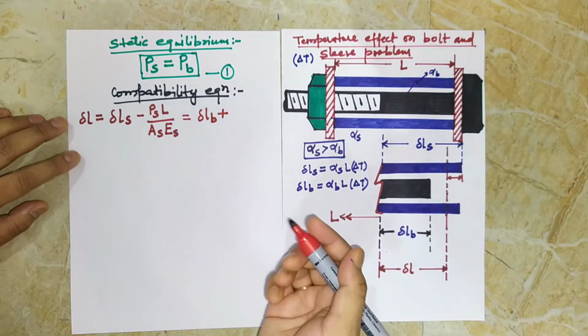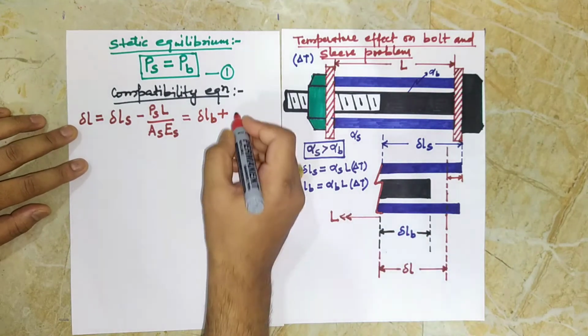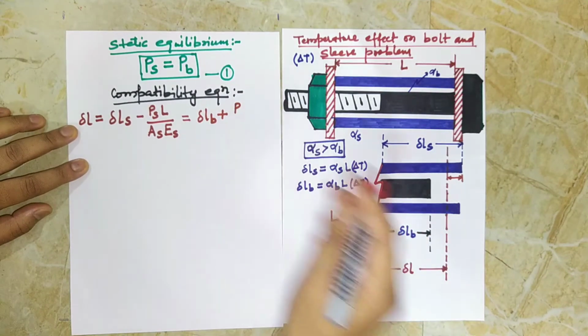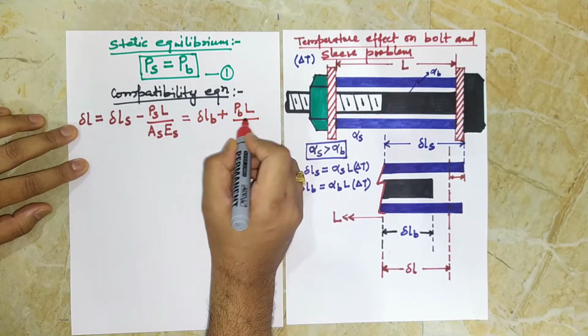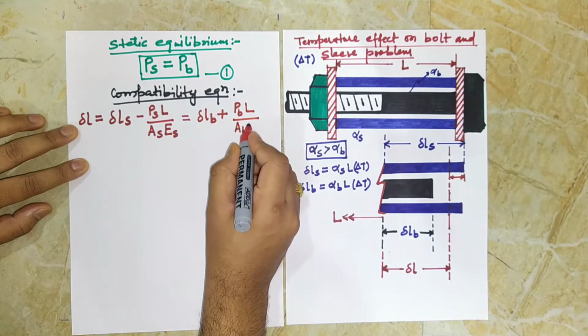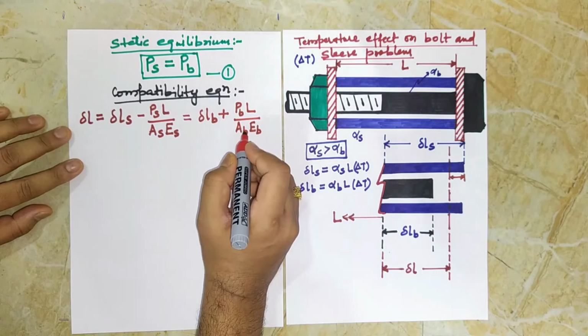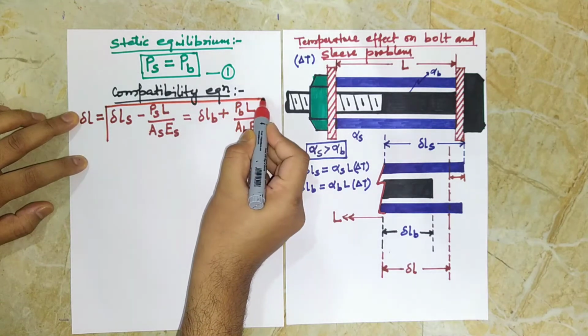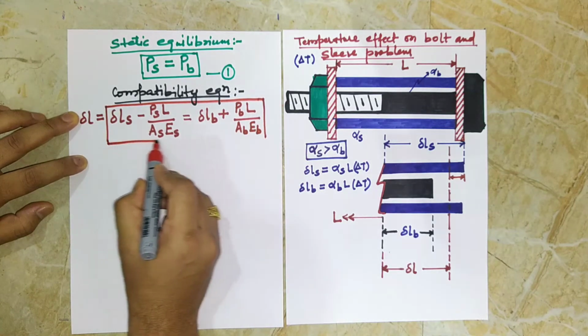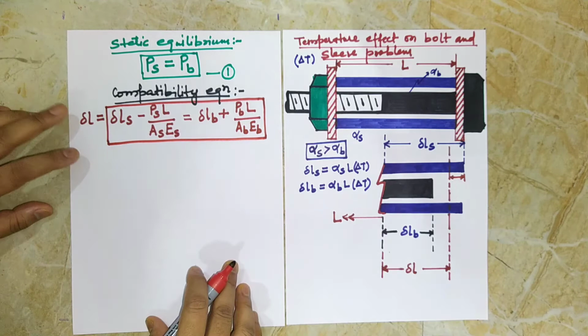What will be the change in length due to stretching? It is equal to load applied on the bolt into initial length of bolt divided by area of bolt into Young's modulus of elasticity of bolt. So this is our compatibility equation here.